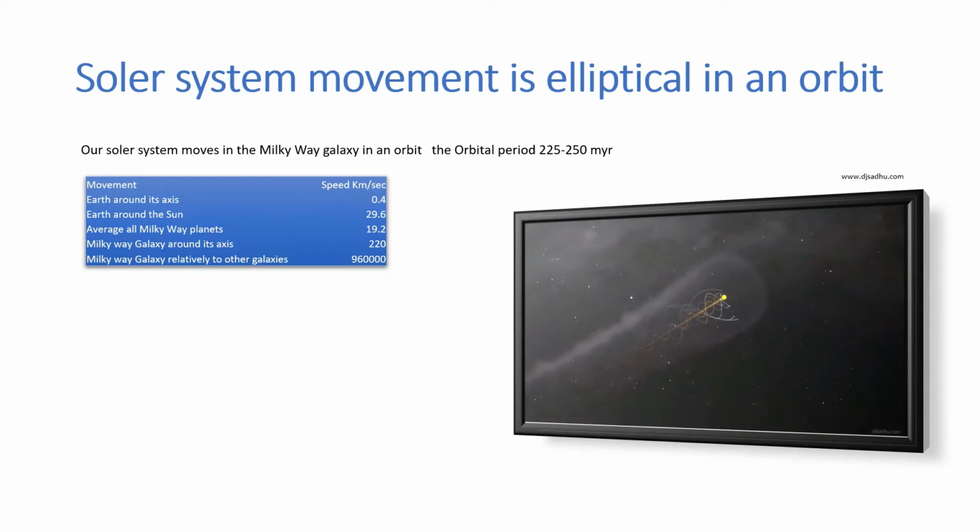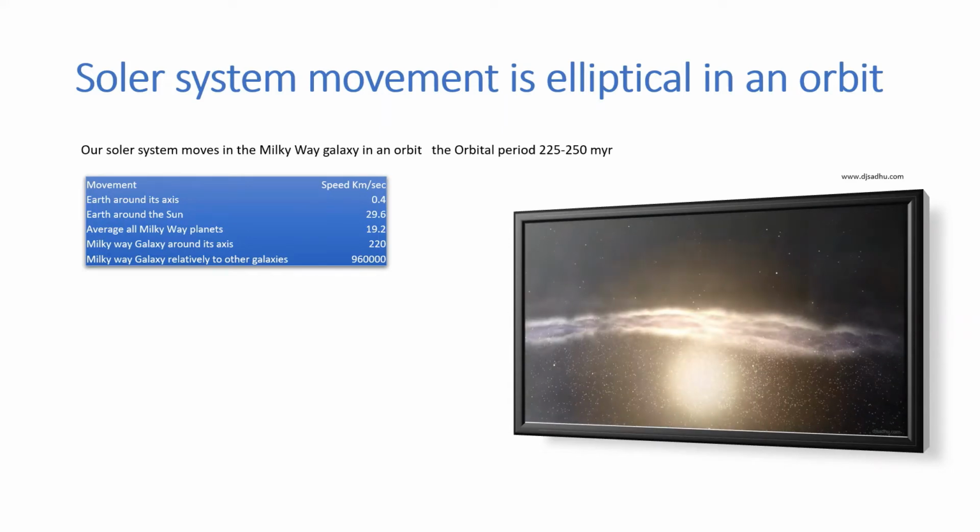220 kilometers per second, and the Milky Way galaxy relative to other galaxies in the universe is also moving at a speed of 960,000 kilometers per second, and it is notable that this speed is 3 times bigger than the speed of light, which can also mean that we are going back, in fact, in our history or universal history.